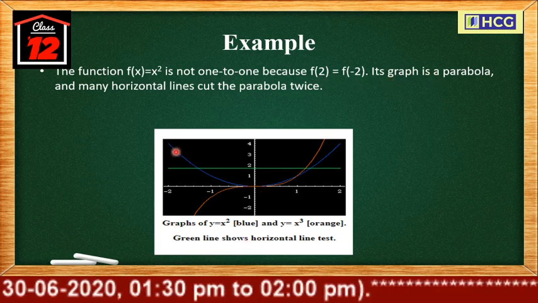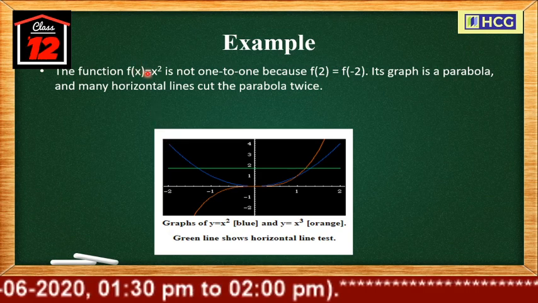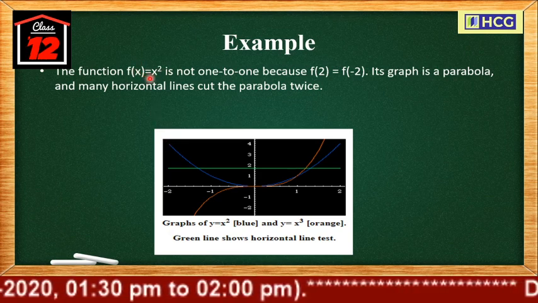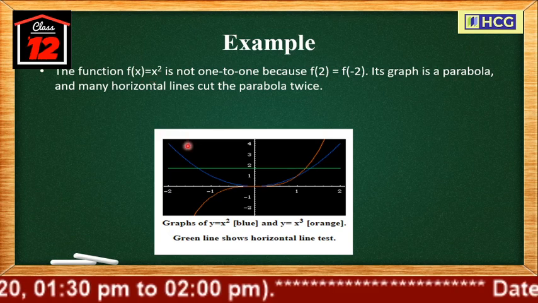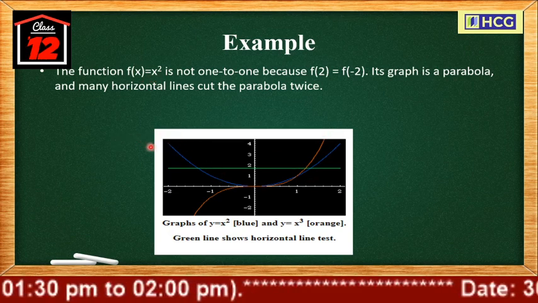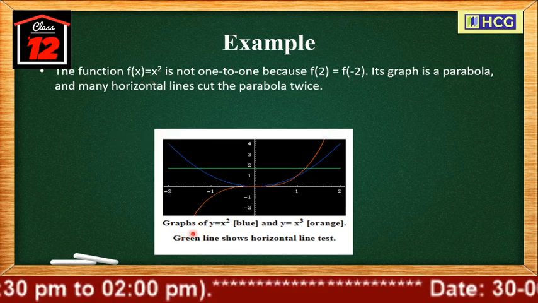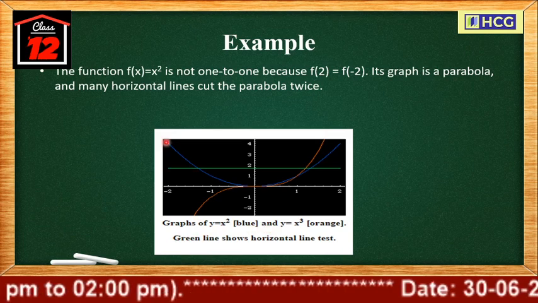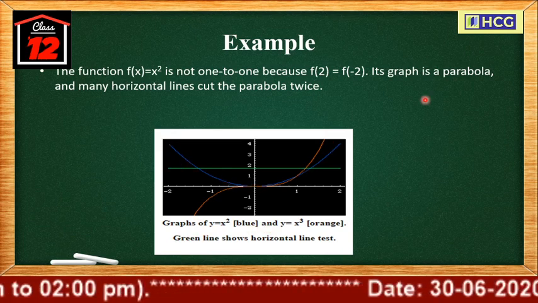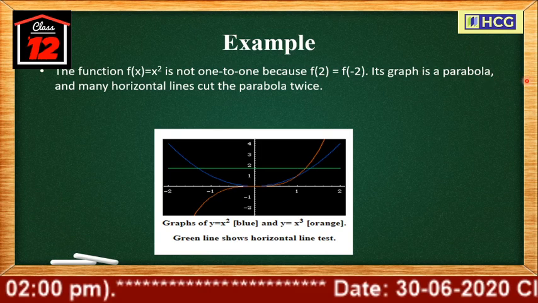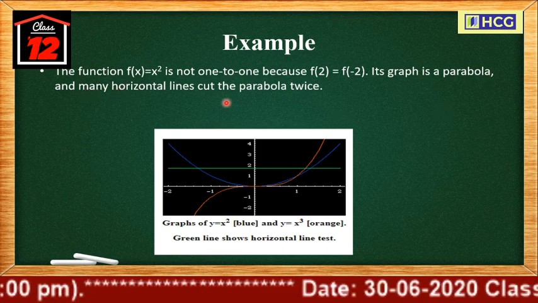Now we see the graph of f(x) equals x squared, and this is known to all. f(x) equals x squared is a parabola. The blue line is a parabola. Its graph is a parabola, and we can draw many horizontal lines.